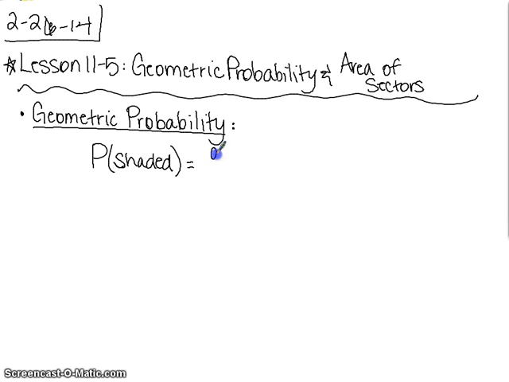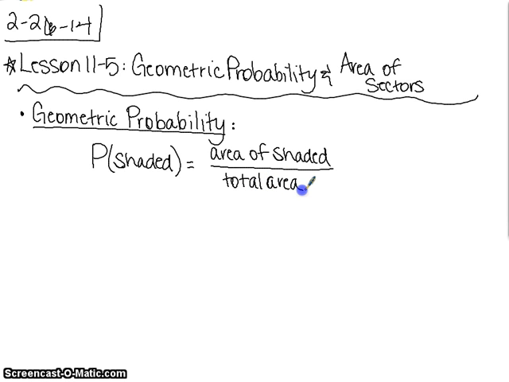You take the area of the shaded region, or the region that you want, divided by the total area of the entire figure. Okay? And that's how you figure out the probability of landing in that shaded region or what have you.